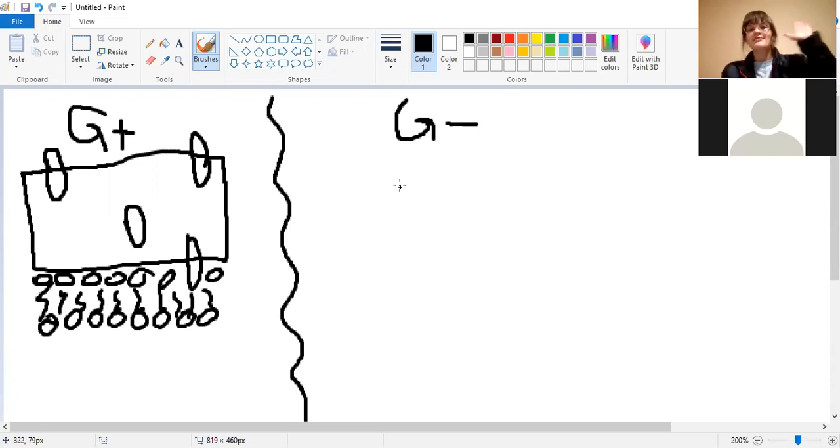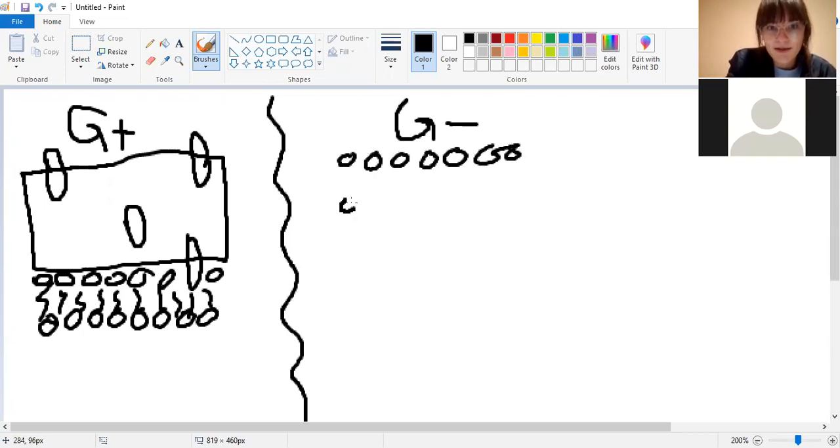Okay, so now we're gonna shift to gram-negative. So gram-negative, remember, it has a thin peptidoglycan layer, but no teichoic acids, and it has an outer membrane, and it has a periplasmic space. So if we were going to draw this out, I can do it with my finger. This is the lazy way to draw.